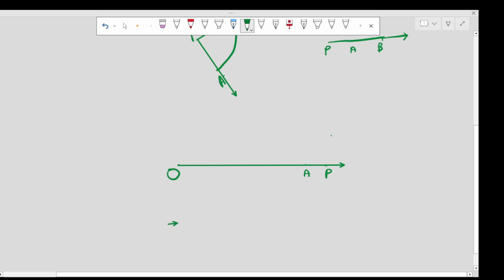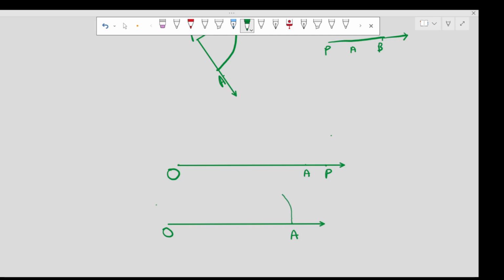Writing only one line, OA. OP here is not overlapped. Imagine OP is revolving, keeping O fixed as the center, revolving counterclockwise.